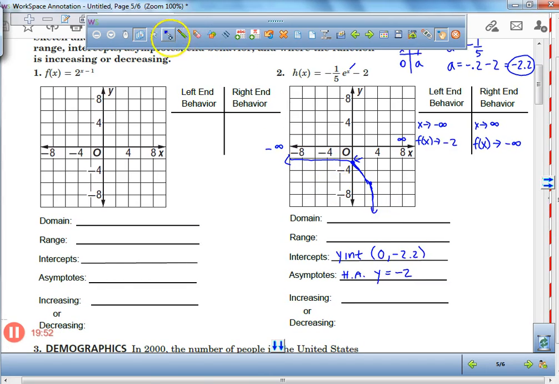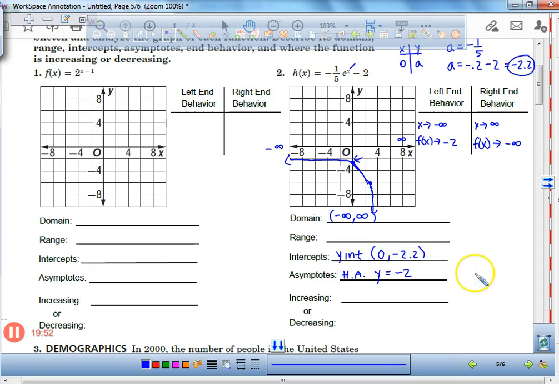Now, what's our domain still? Our domain goes from negative infinity to positive infinity. This is where our range gets kind of tricky. Where is it going down from?